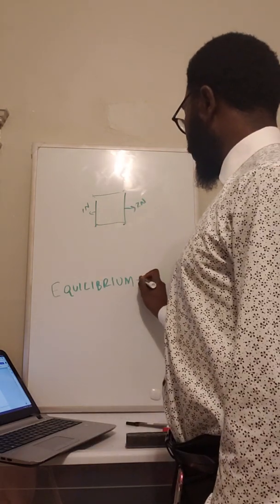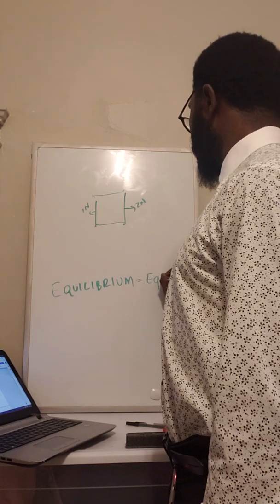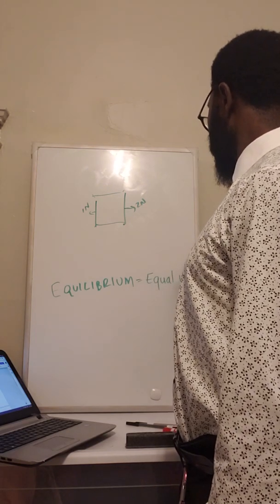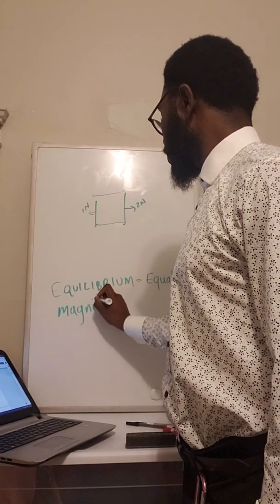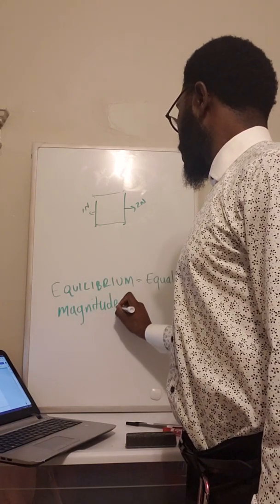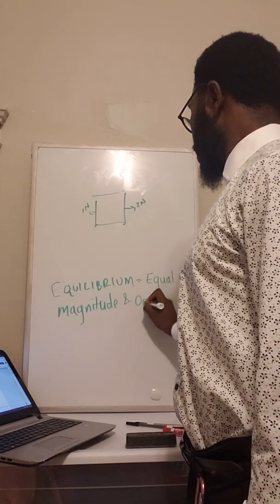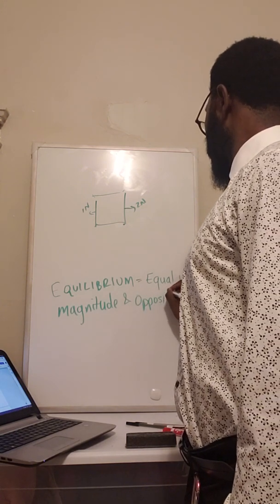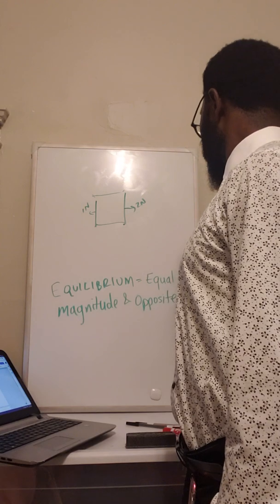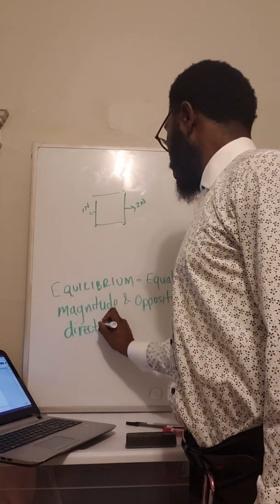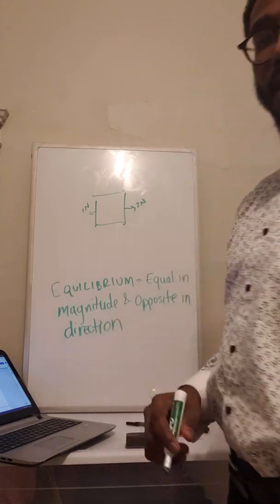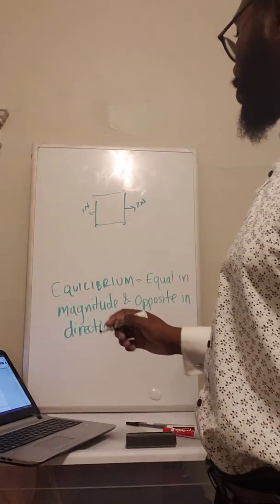So equilibrium forces are equal in magnitude and opposite in direction.